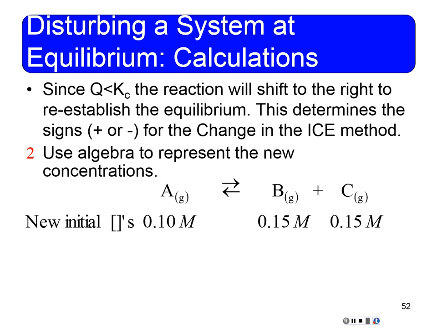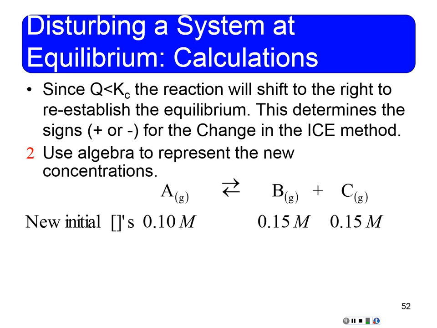If we set up the ICE method now, we have A, B, C. We have new initials, because these were equilibrium, the first ones we were given, the 0.2, the 0.3, the 0.3. We now stress the system, and you told me that you would halve the concentration, so there they are again, 0.15, 0.15.